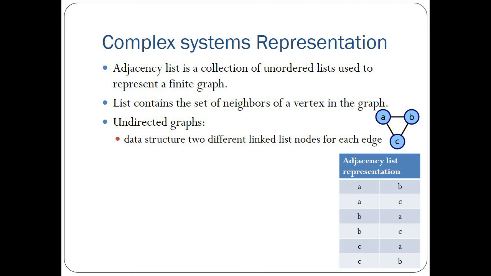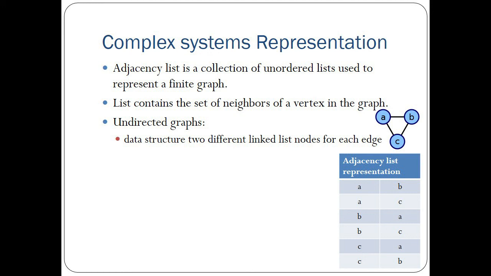Because we have an undirected graph, where both nodes are equal and they have connections towards each other. So A also has a connection towards B, B also has a connection towards A. So A, B are connected in the undirected graph like this. That's why we represented AB as well as BA.